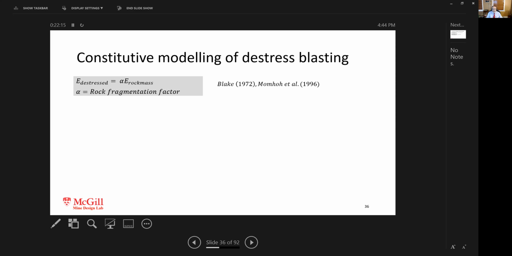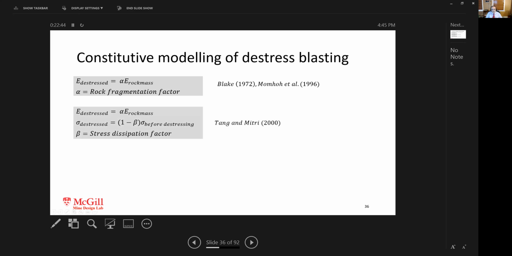We did some work in 1989 and 1996 in that era with the rock fragmentation factor, but it wasn't with much success. The reason being that we took into consideration the stiffness reduction, but we did not take into account the fact that when you blast, you dissipate the stress as well.